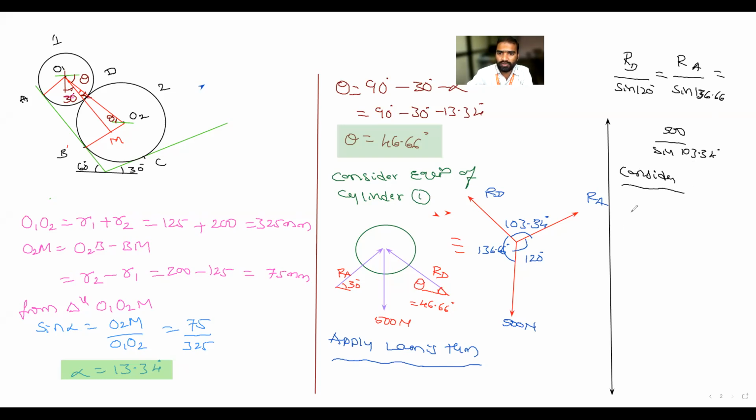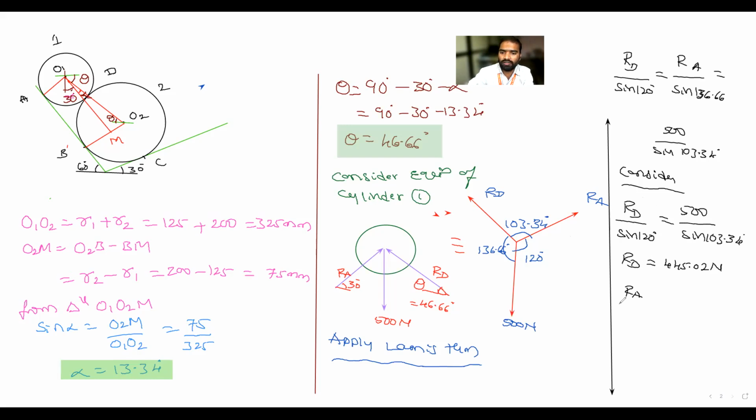RD upon sin 120 is equal to 500 divided by sin of 103.34. Calculate RD. 445.02, correct. 445.02 Newton.